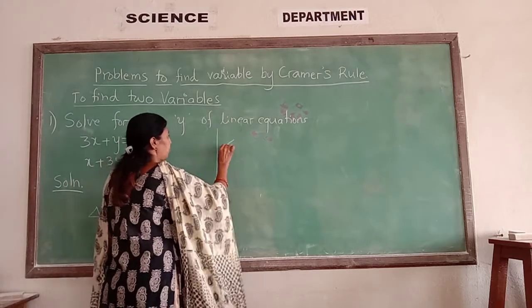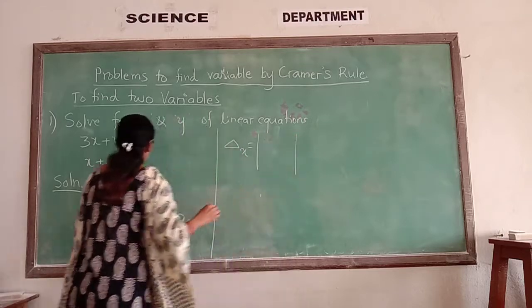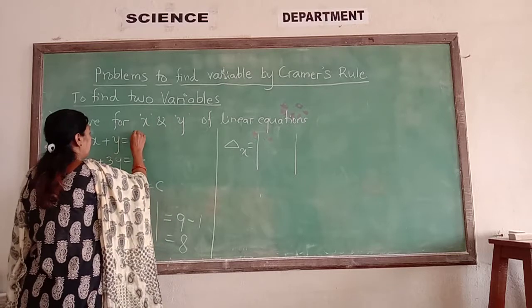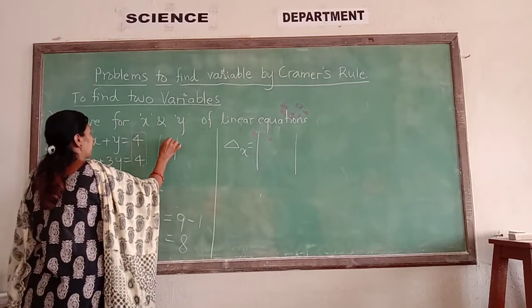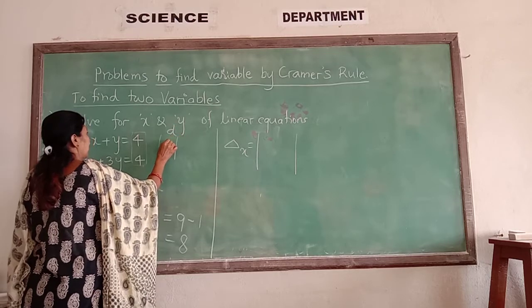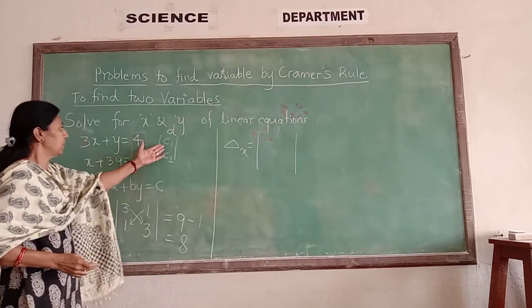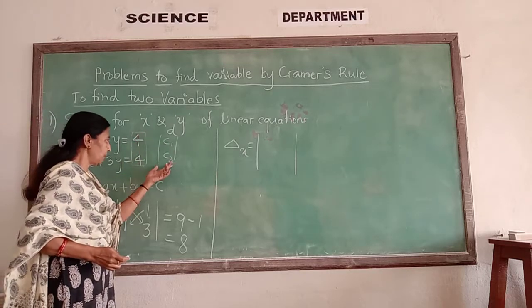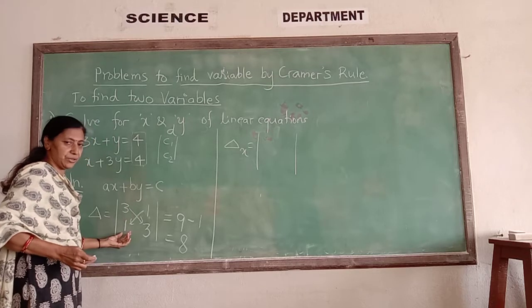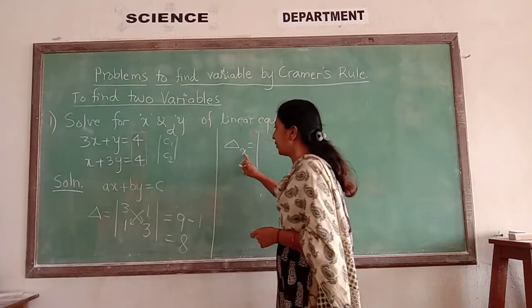Next, you have to form delta x. That is obtained by using the constants. We call it the determinant D, that is, the constants C1 and C2. This D column should replace the x coefficients for obtaining delta x.